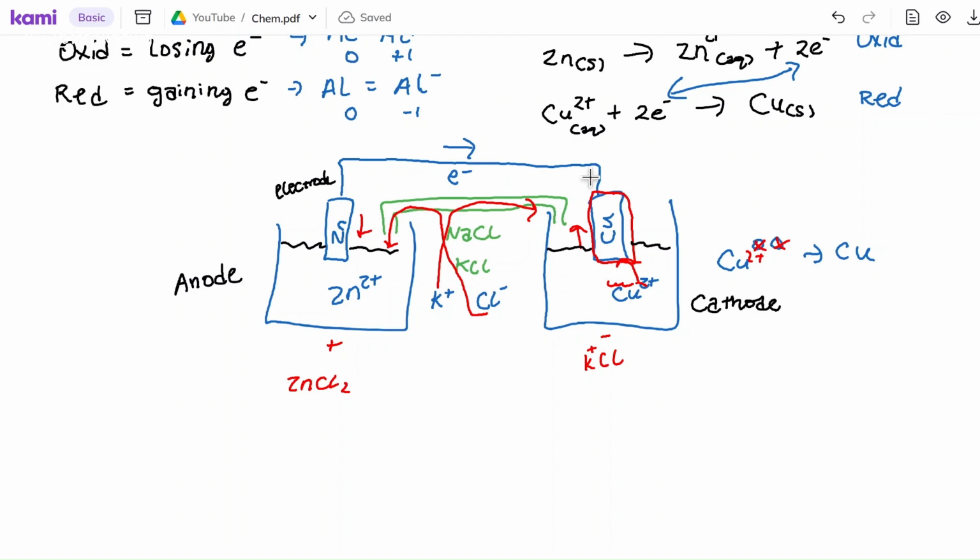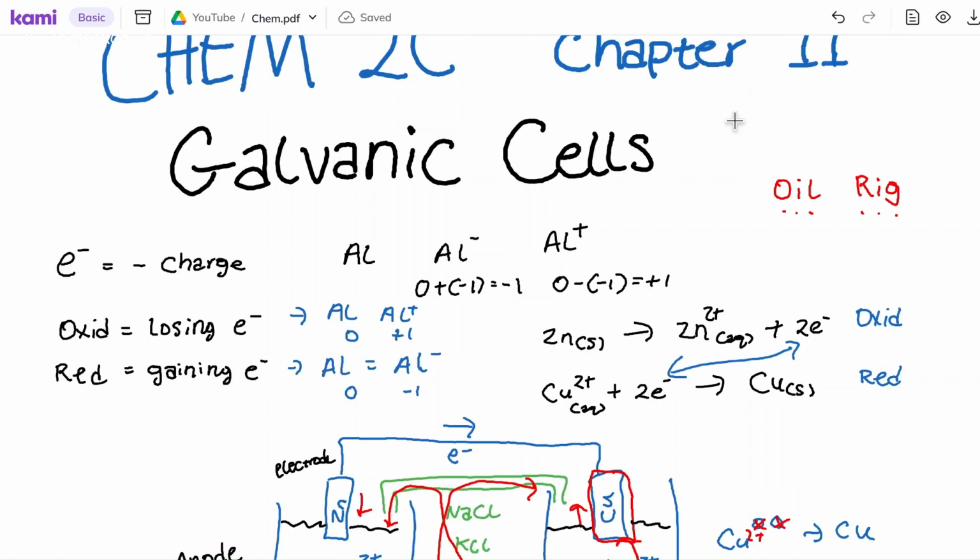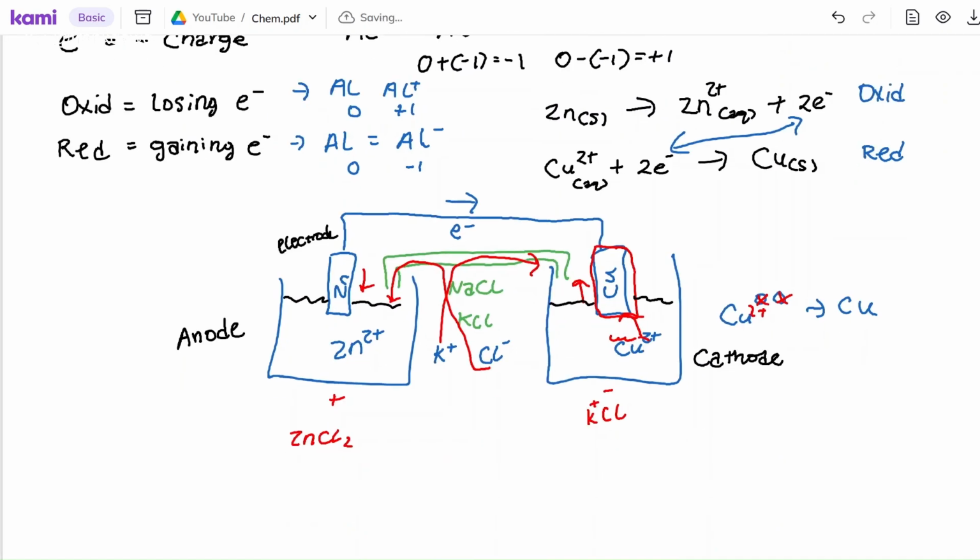Another important thing to remember about the galvanic cell is it creates electricity. That's basically why this is a galvanic cell. It's part of electrochemistry, a type of electrochemical cell. And if you can't tell by now, you can harness electricity from the movement of these electrons.